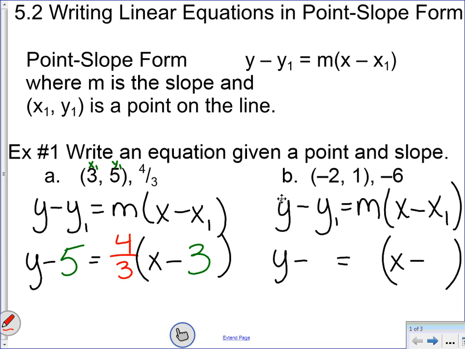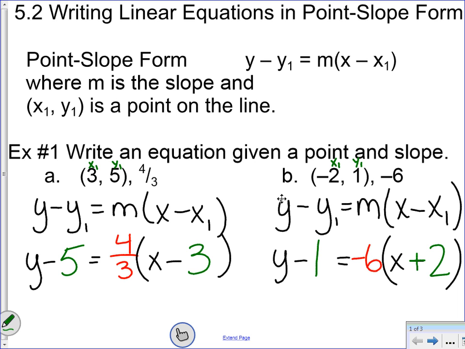Now my slope is -6, so that goes where the m is. -2 is x1, and 1 goes in for y1. So I'll put a 1 behind the y, and I'll put a -2 behind the minus x. Now when you already have a minus sign, that makes it +2. And that's how you substitute a point and a slope into the point-slope equation.